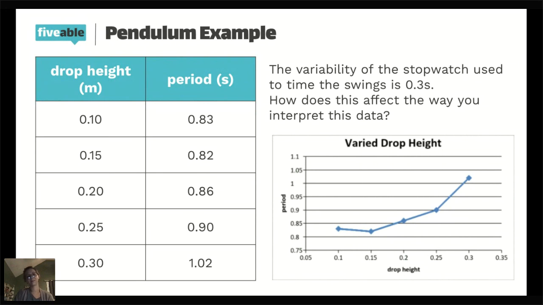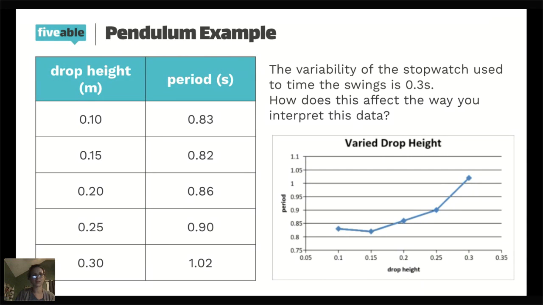Or let me ask this. If we look at the numbers we have for the period, what's the difference between the highest amount of time and the lowest amount of time? It's 0.19, or actually, if you look below, I think you're looking at the 0.83. If you look below it at the 0.82, it's actually 0.2. That second one is a little bit even lower, but same basic idea.